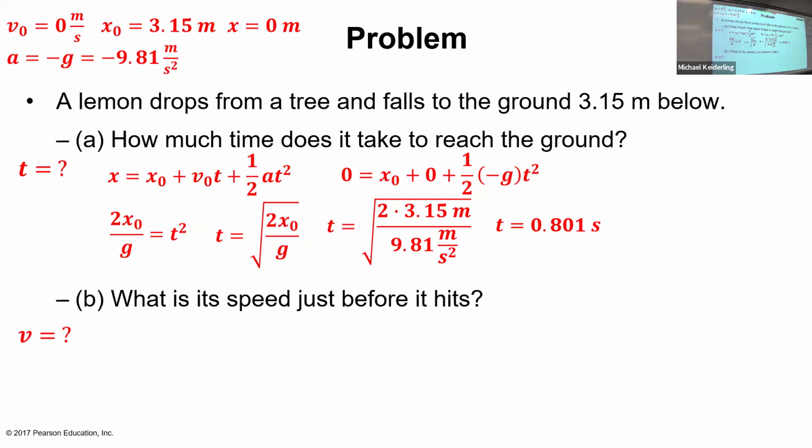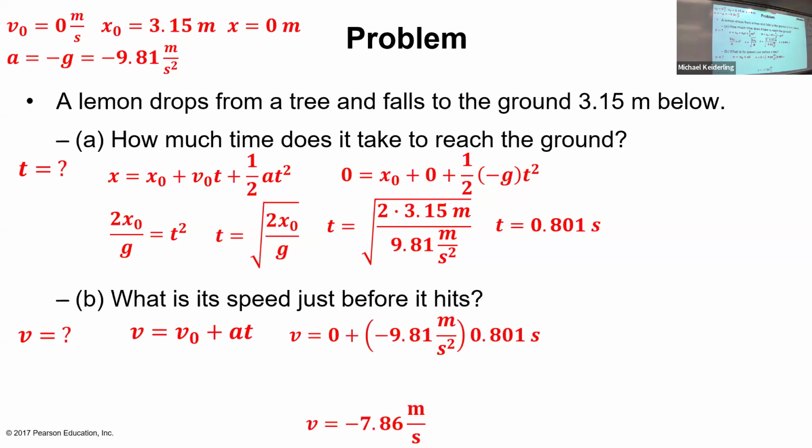And if we look at our speed, it is our initial speed plus acceleration times time. So that's 0 plus negative 9.81 meters per second squared times 0.801 seconds, which gives us negative 7.86 meters per second.